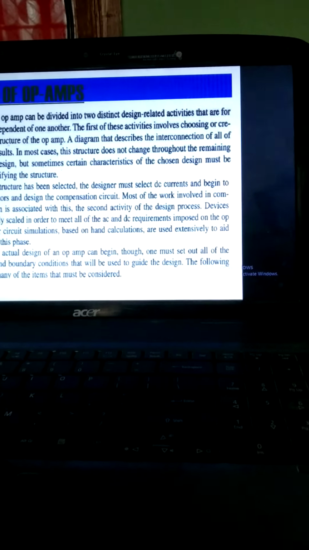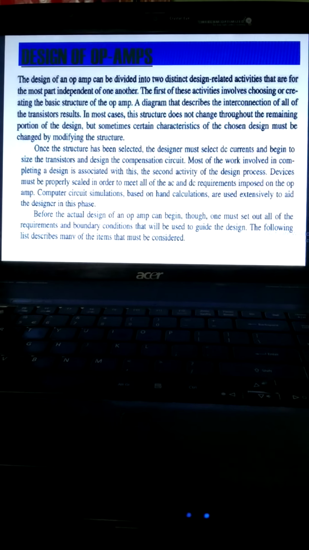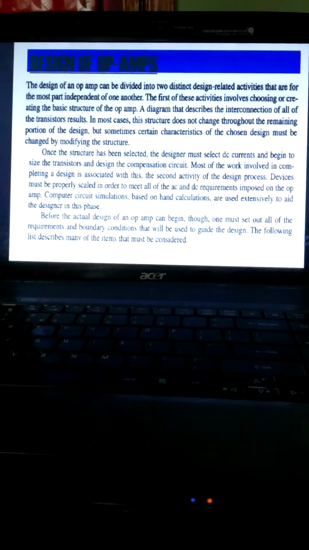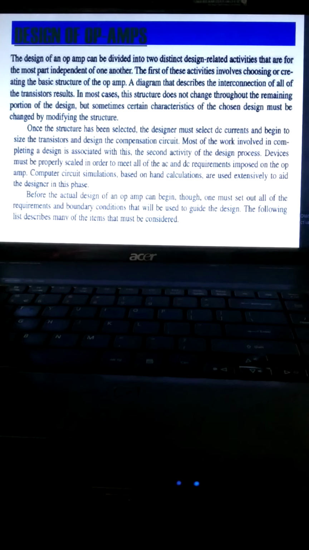And obviously, for the actual design of an op amp, we can start by setting all of the requirements and boundary conditions that will be used to guide the design.